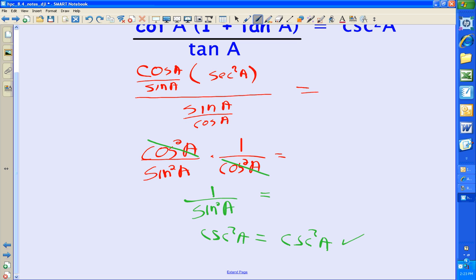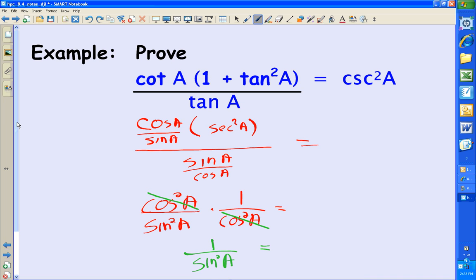Any questions on that one? I'm sure there's other ways to do it. Don't feel like, gosh, I didn't do it the way he did it. I don't care. I separated their first red part, and I got 1 over cosine of A, and then all of that over sine A over cosine A. And then I did the reciprocal and multiplied 1 over cosine of A times cosine of A over sine of A. How'd you get 1 over cosine of A?